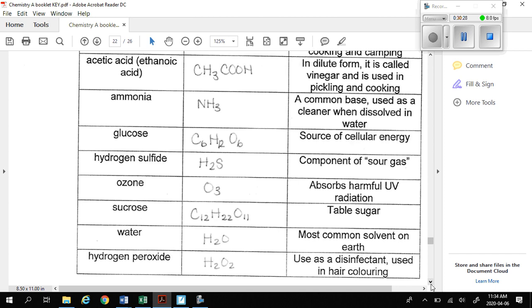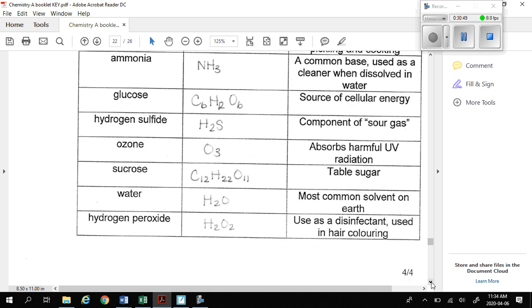You guys have heard of the ozone layer before. So sometimes if you see something that's O3, that's ozone. Sucrose is your table sugar, C12H22O11. So really big molecule, right? It's got 12 carbons, 22 hydrogens, and 11 oxygens. There's lots of stuff going on.